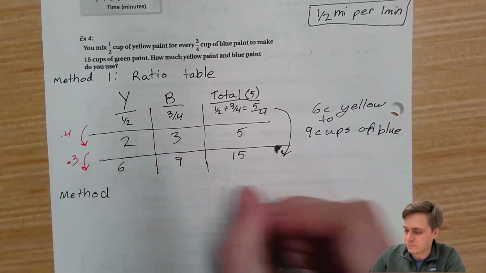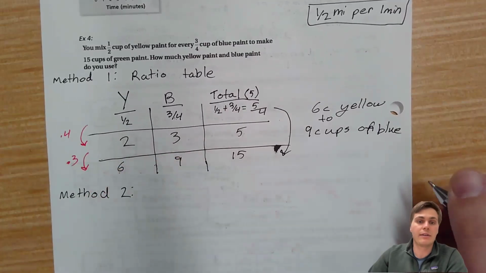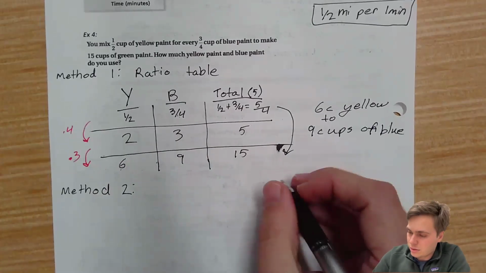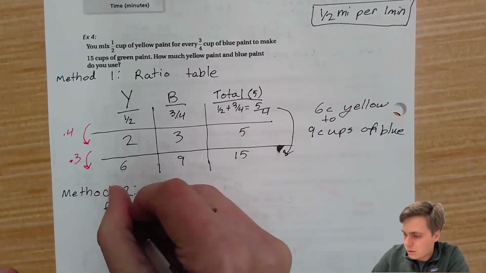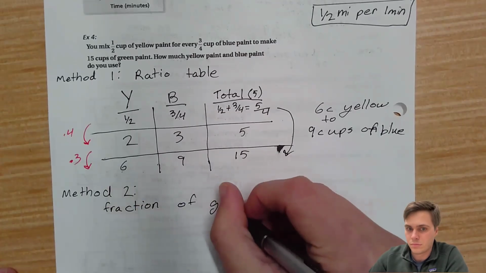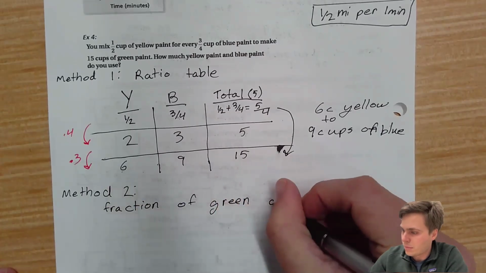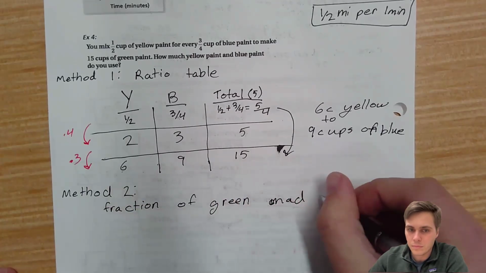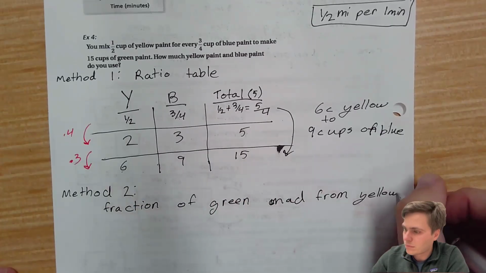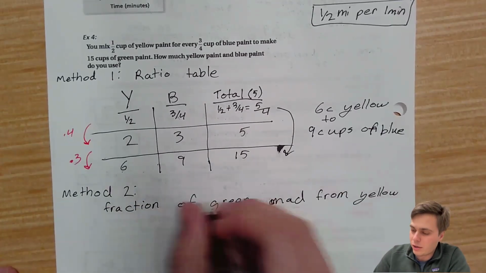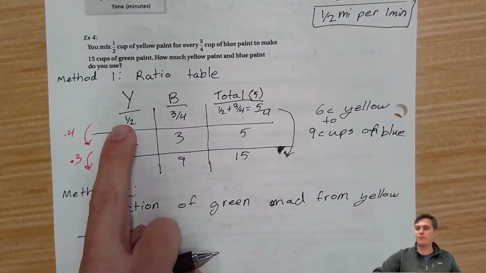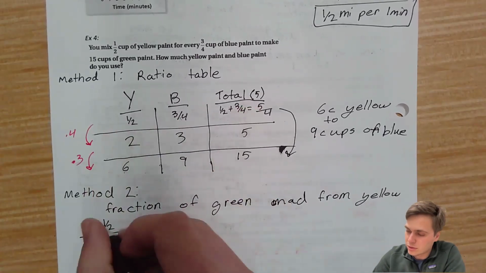Everyone's favorite thing. Okay, so I can find here a fraction of green made from yellow. So I know for every 1/2, that 1/2 is a fraction of 5/4.